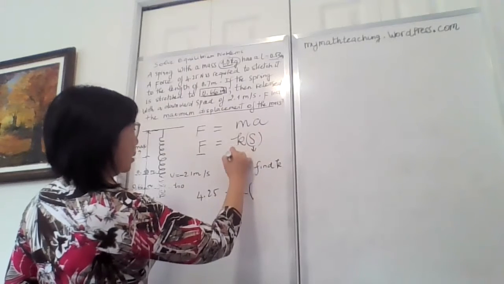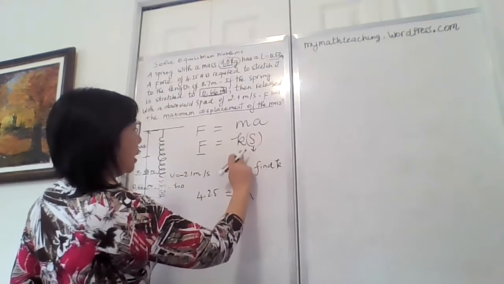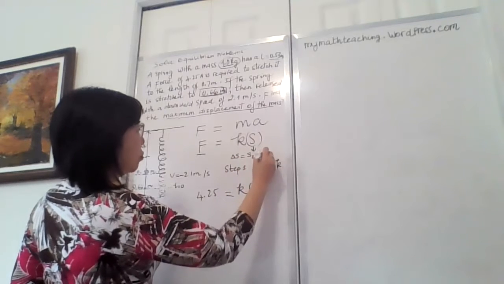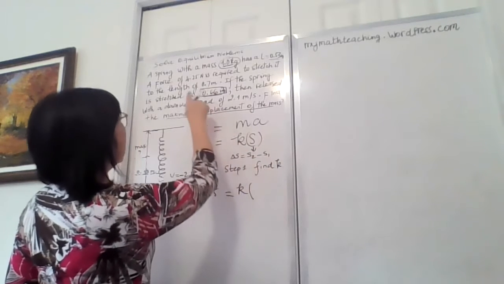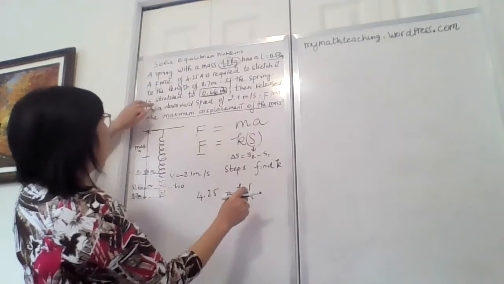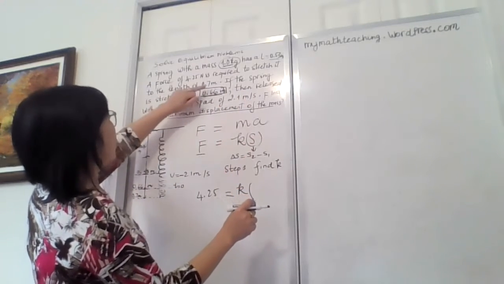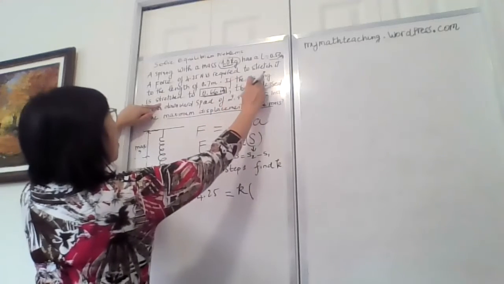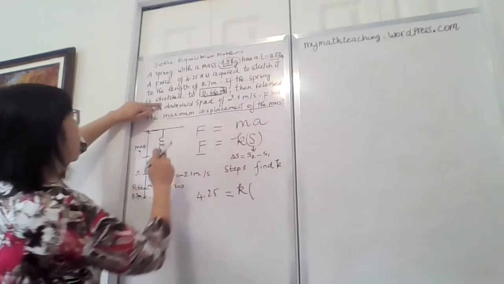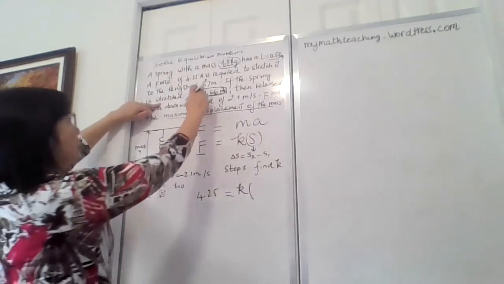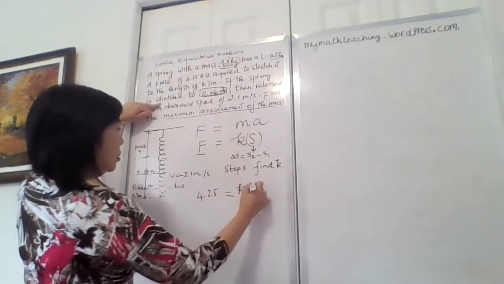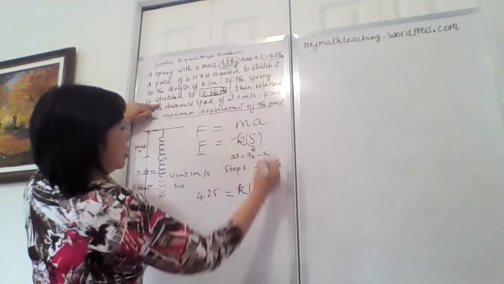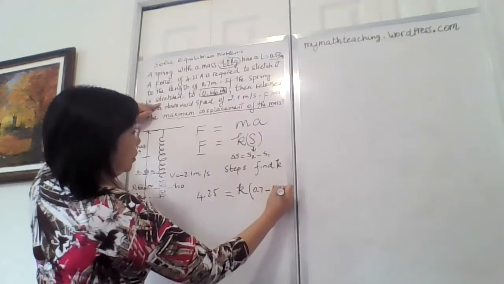So this is delta s, and delta s equals S2 minus S1. In our case, S2 is the length the spring is required to stretch to, 0.7 meter, so 0.7 meter minus 0.53 meter.